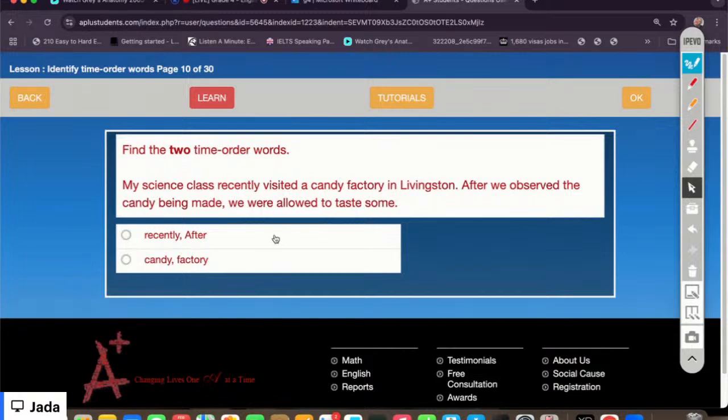My science class recently visited a candy factory in Livingston. After we observed the candy being made, we were allowed to taste some.